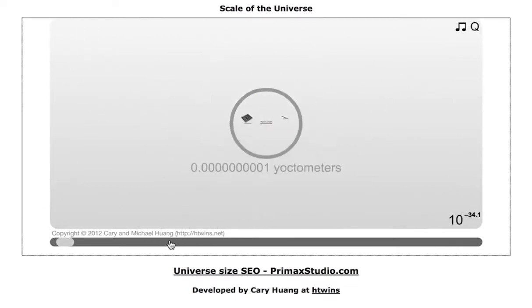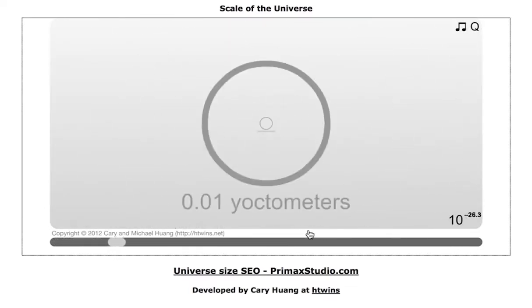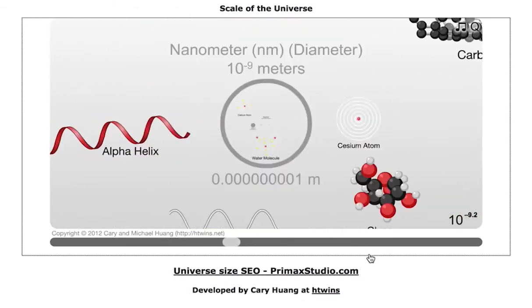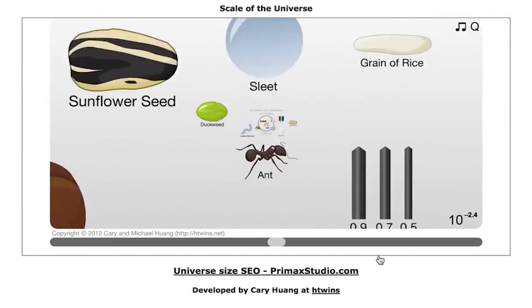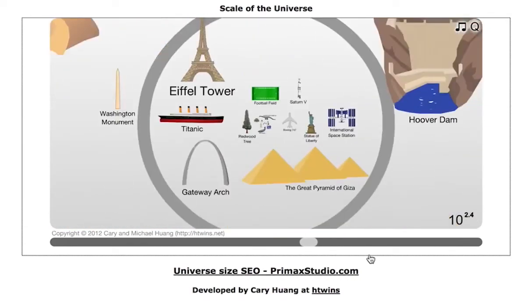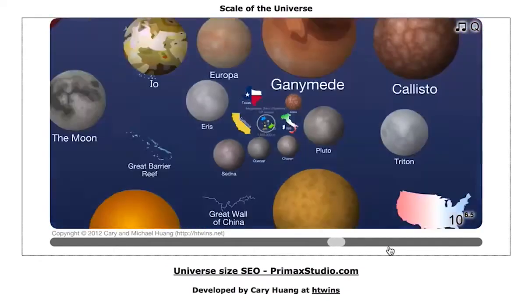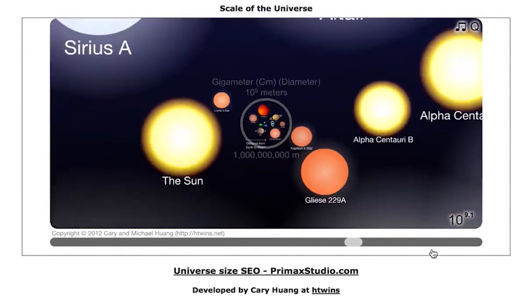And we can go all the way back up. And I just want you to notice how much information we have about things on many different levels. All the way past where we were. And we get past planets.